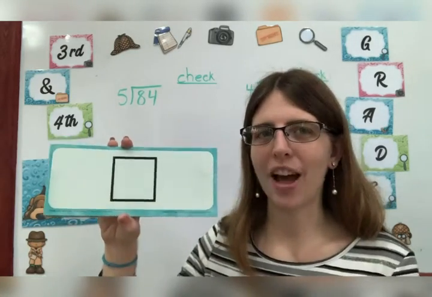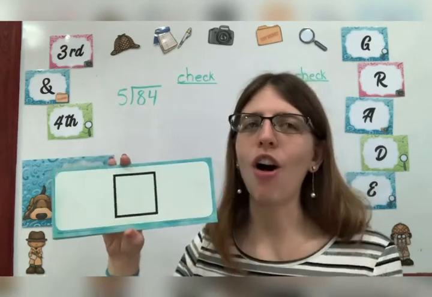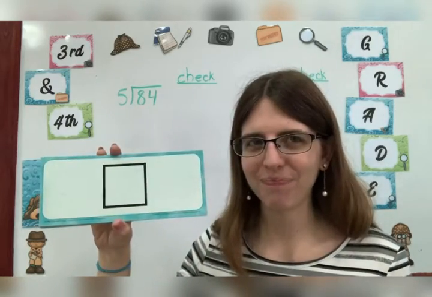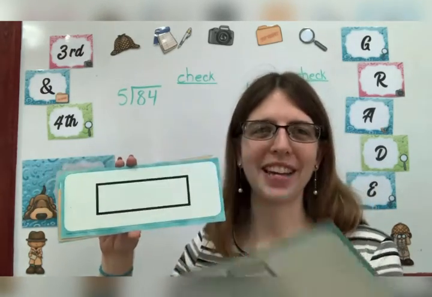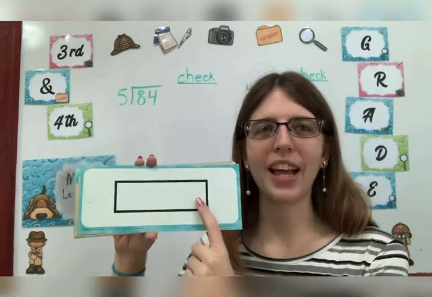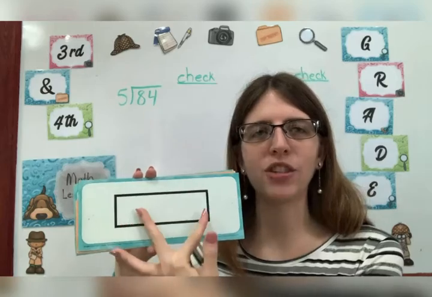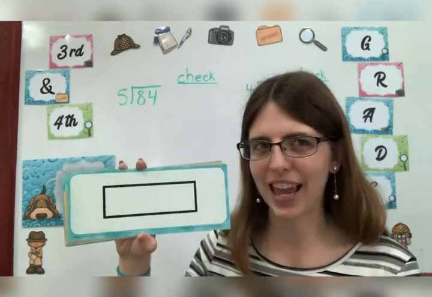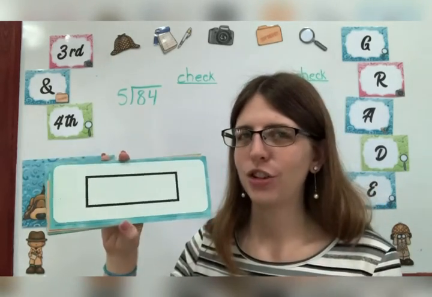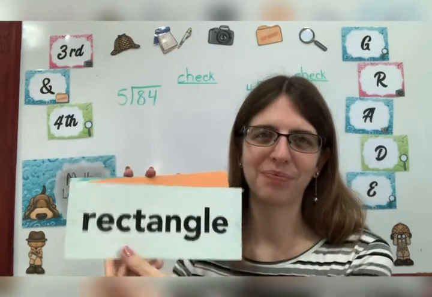This is an easy one. 4 sides and they're all the same length. Square, very good. This one has 4 sides, so it's a quadrilateral, but it has 2 pairs of sides that are the same. 2 pairs of sides. This is a rectangle.